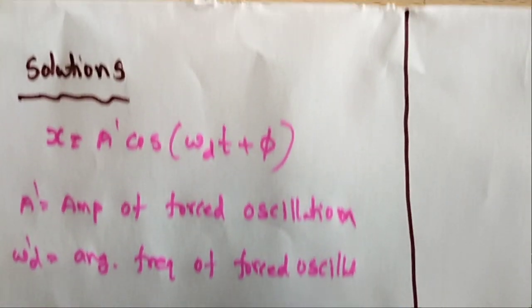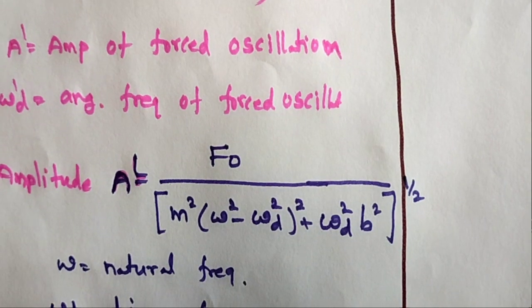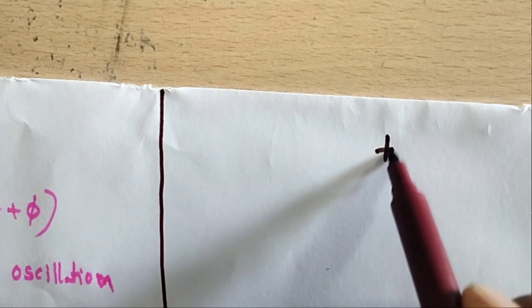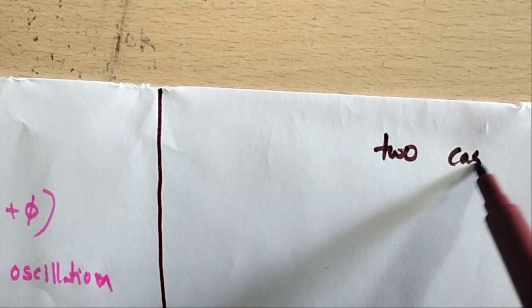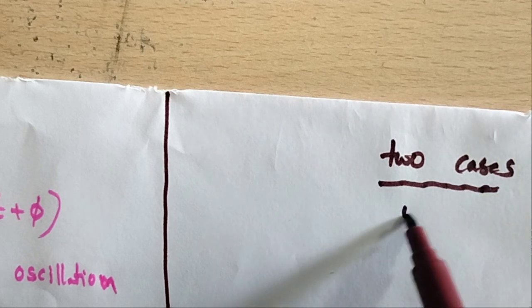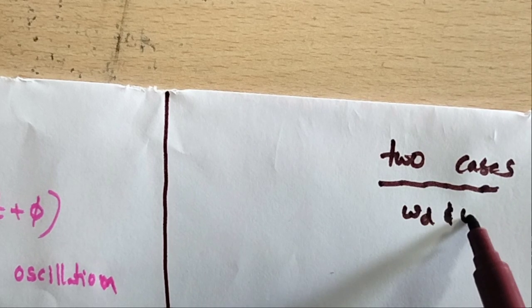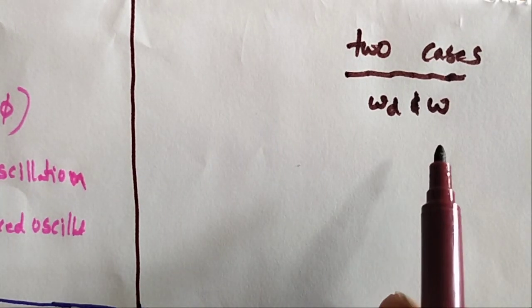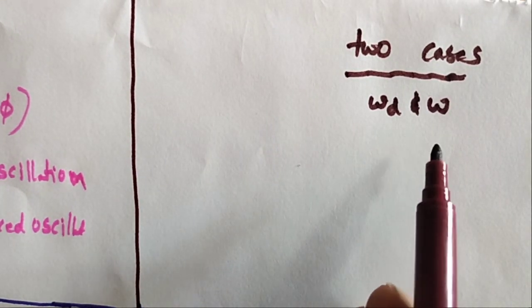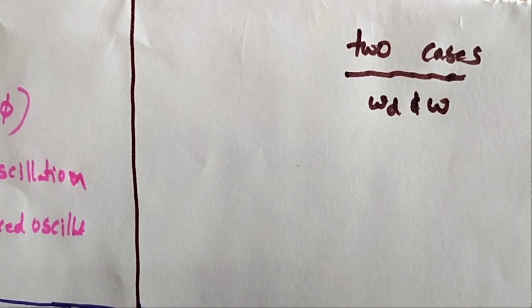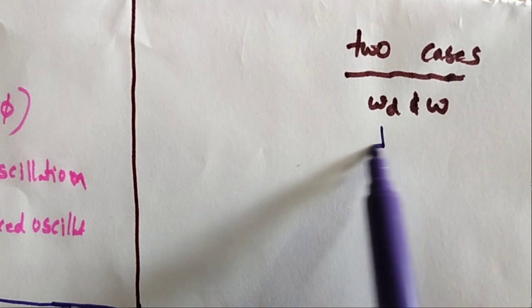So these forced oscillations depend on two different cases. I will explain two cases in the forced oscillations. It depends on omega d and omega. Omega d is equal to the driven frequency. Omega is equal to the natural frequency, omega is equal to under root of k by m. So what is the first case?